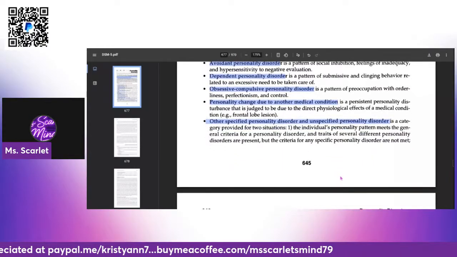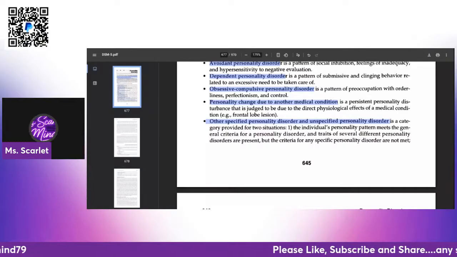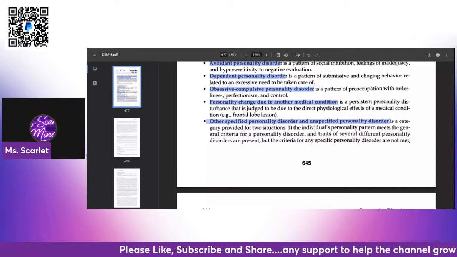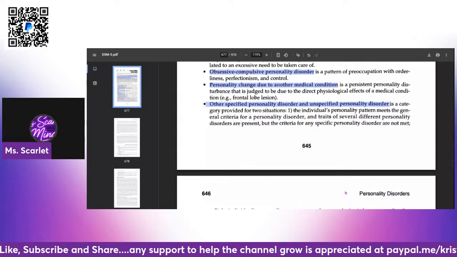And then the last one's just any other specified personality disorder. An unspecified personality disorder is a category provided for two situations. One, the individual's personality pattern meets the general criteria for a personality disorder, and traits of several different personality disorders are present, but the criteria for any specific personality disorder are not met.